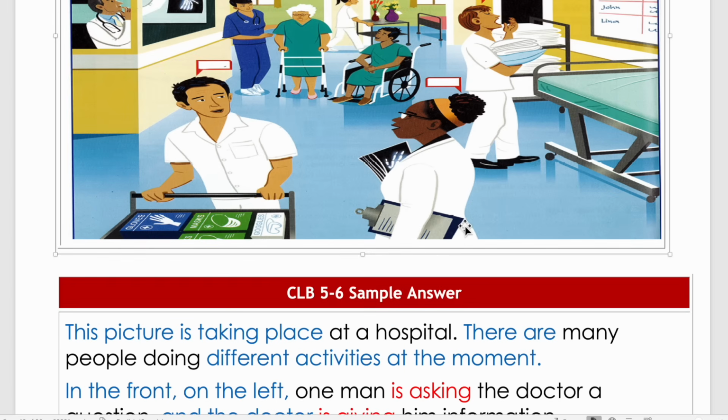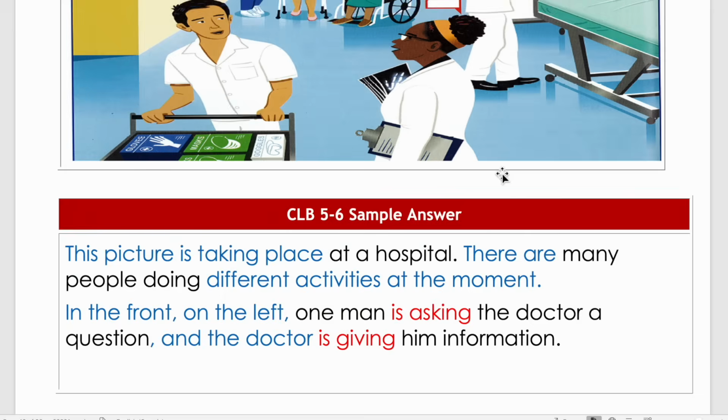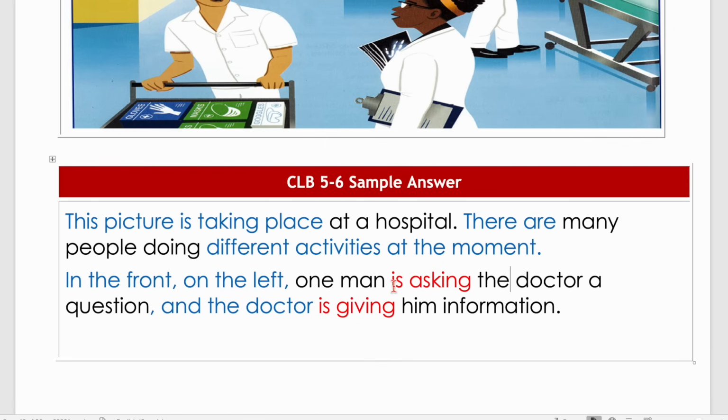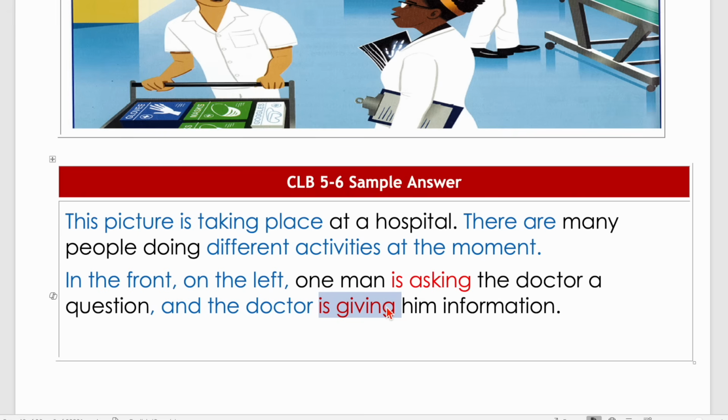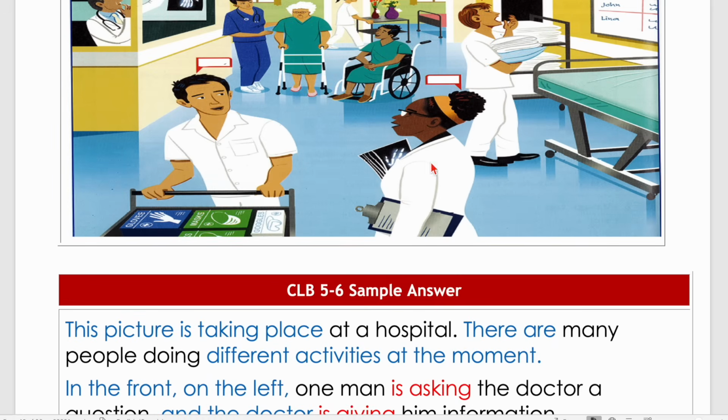Or we can say one man and the doctor are talking about the day schedule, something like that. So in the front, the man is asking a question, the doctor is giving information. And again, you see here, that is present continuous: is asking, is giving. That's what we want to do, okay? And that's it for here.